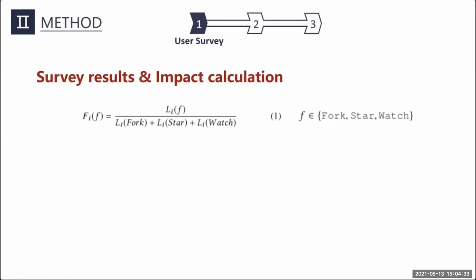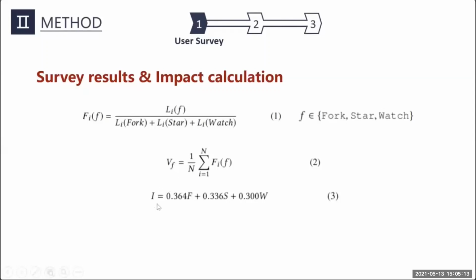With this, Fi represents the normalized importance of each factor f indicating project impact in each response i. After this calculation we further calculate VF, which represents the calculated weightage for the factor f, where small f also belongs to fork, star or watch. This is the weightage that we are going to use in our final calculation of the impact.